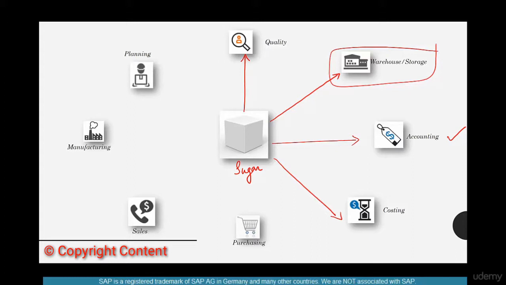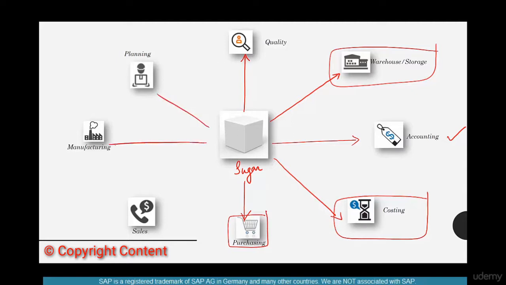Some materials are procured. They have a different costing process. All the costing relevant details are available for sugar in the costing view. And similarly, if sugar is procured, the procurement settings of sugar are available in the purchasing view. So I think you get the idea.